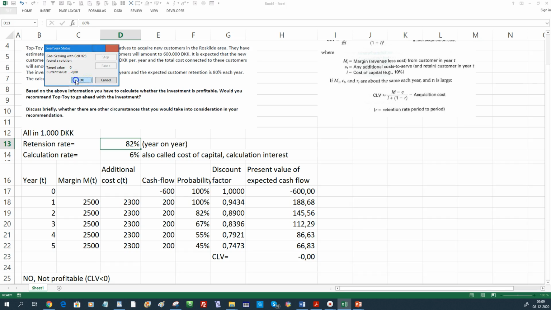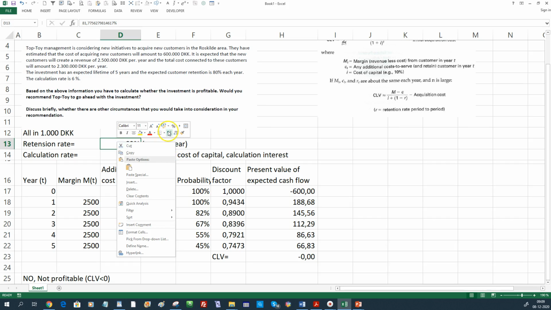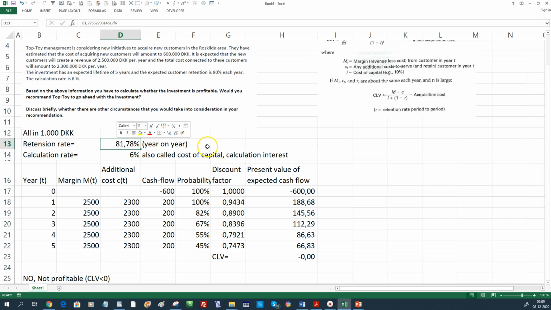Yeah, it does. It tries to format it without decimals, but it's a little bit less than 82%. So here you can write some interesting comment about this, that if the retention rate could be improved to 82%, then it would become profitable.